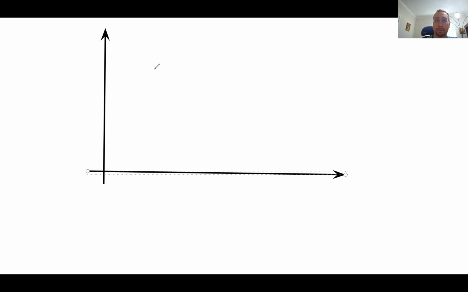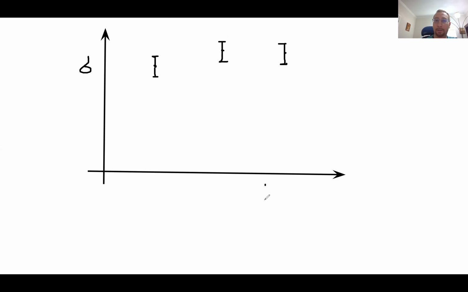So this is the average and this is the one standard deviation, for each point.